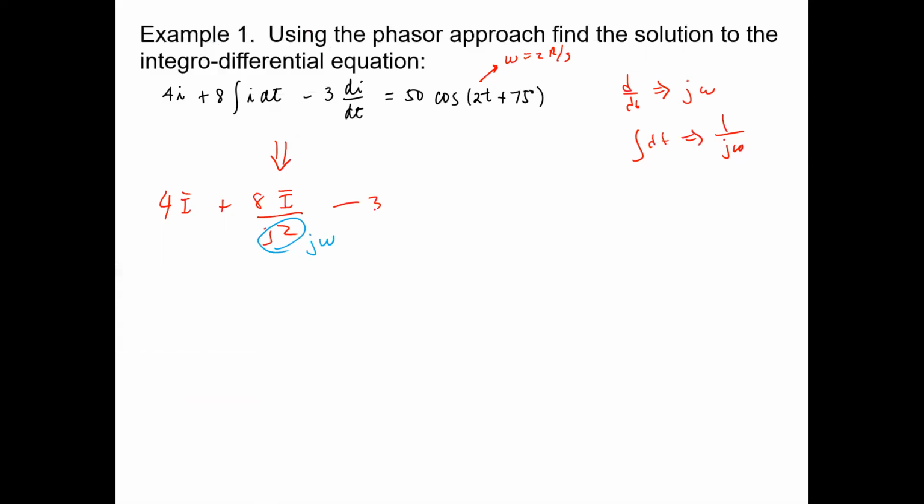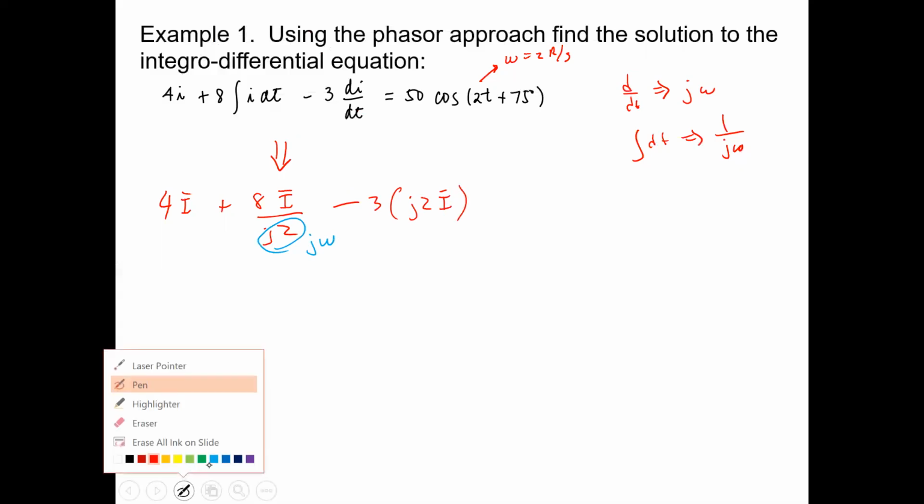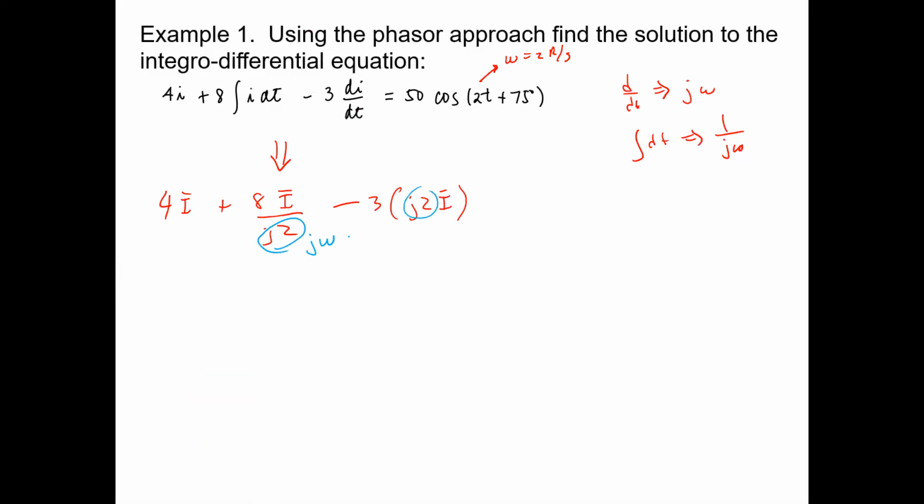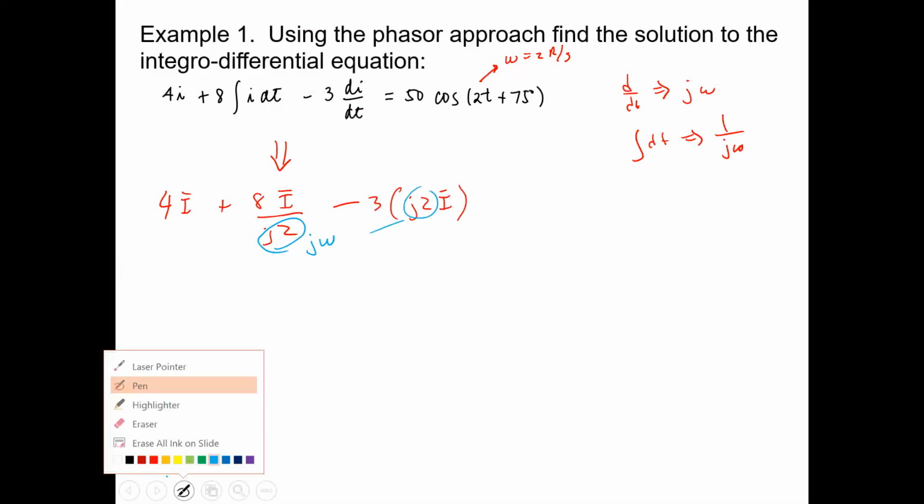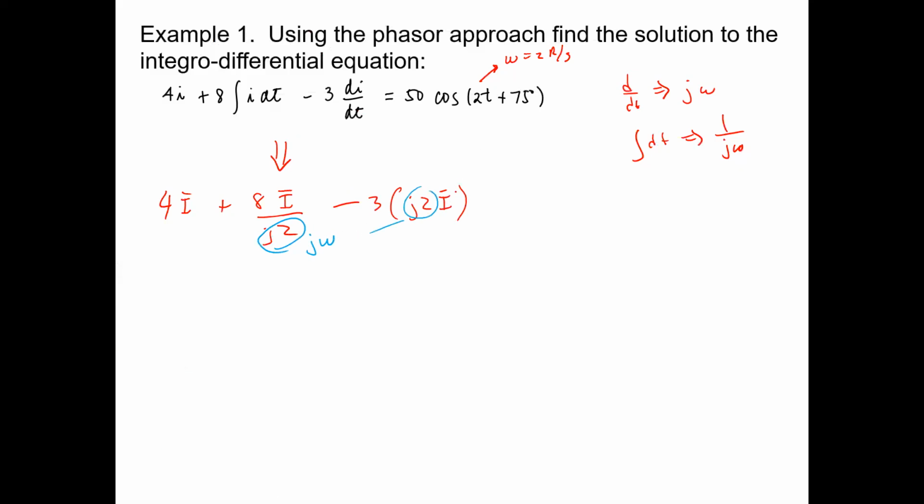And minus 3, again j2, I bar, that's also j omega. And then it's going to equal 50 with an angle of 75 degrees.